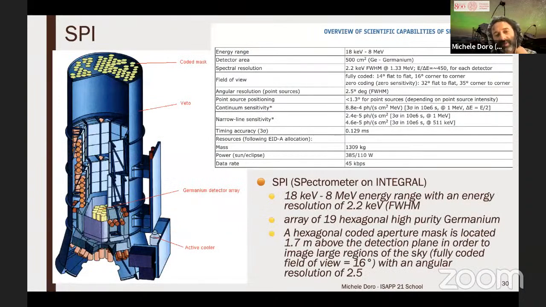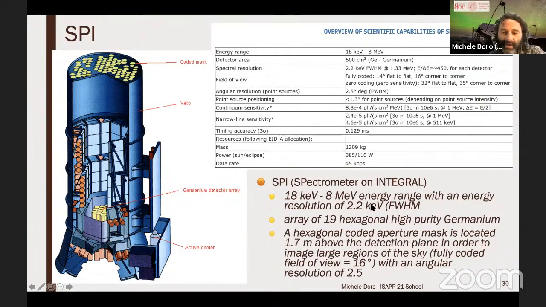Now, for example, if you want to know something about the SPI, you have this coded mask we will be discussing, and then you have the germanium detector, in which the Compton effect is really happening. Then you have something that measures the energy deposited in these detectors.